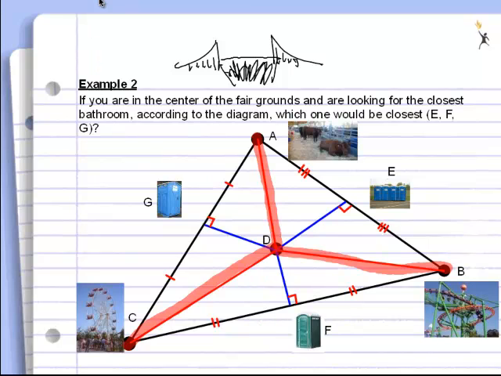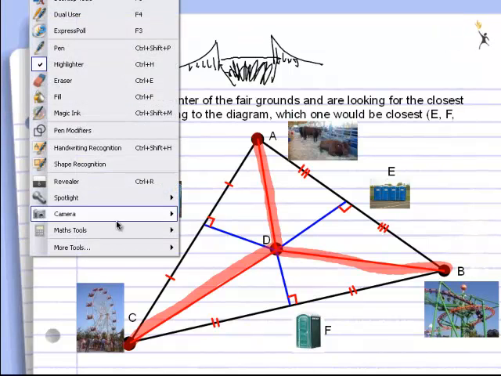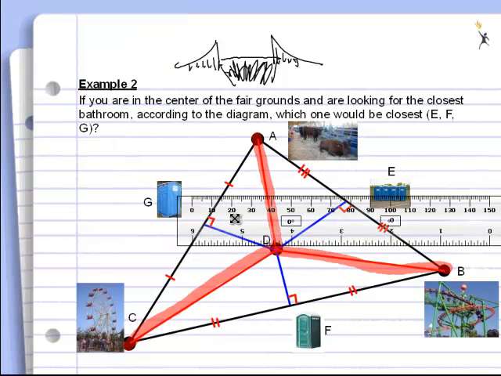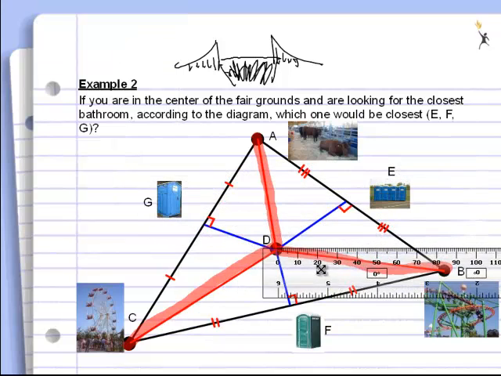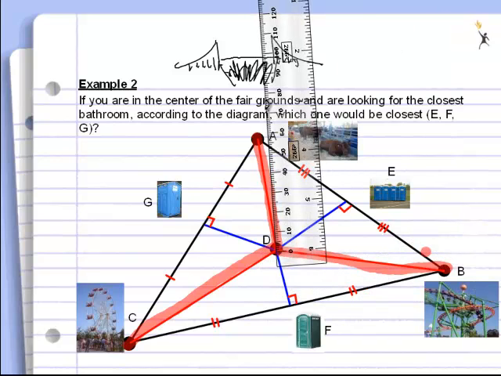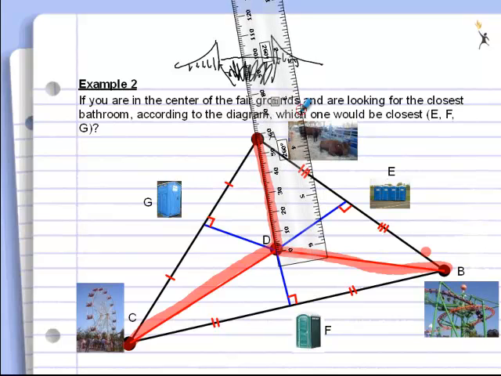Well, I could very easily just get a ruler out. Bingo. Ruler. Put it on 0. Rotate it, and A is just over 55 millimeters away, or just over 5.5 centimeters.